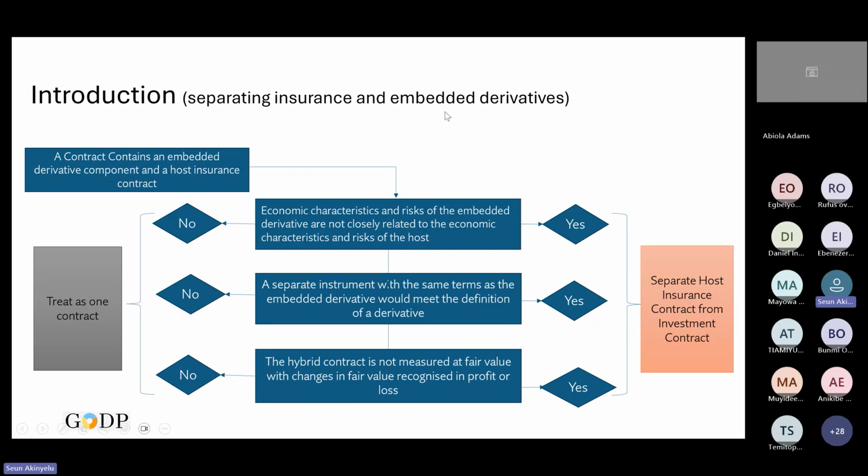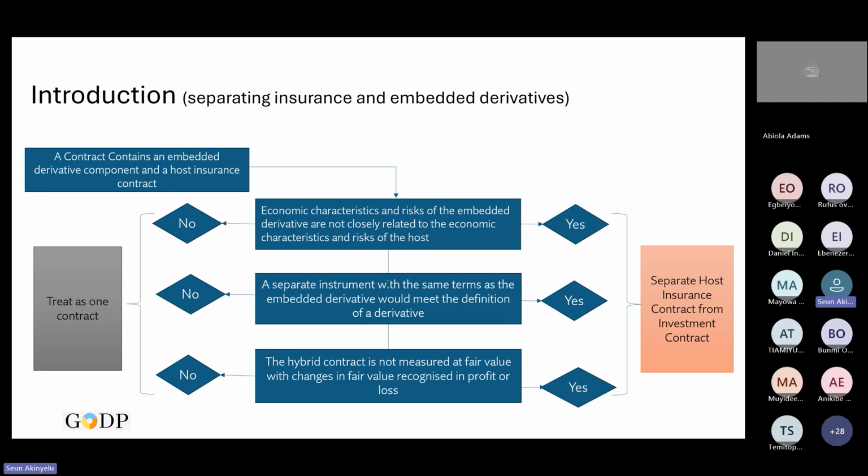Okay, can I take it one step further, because of the time? If it is to be an insurance contract with embedded derivatives, then we'll be looking at three criteria that look more like the first one that we just looked at too. However, rather than saying it is highly interrelated, we say the economic characteristics and risk of the embedded derivative are not closely related, which is the same thing as saying they are not highly related.